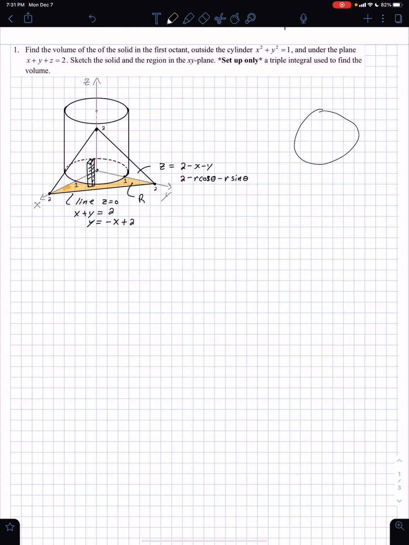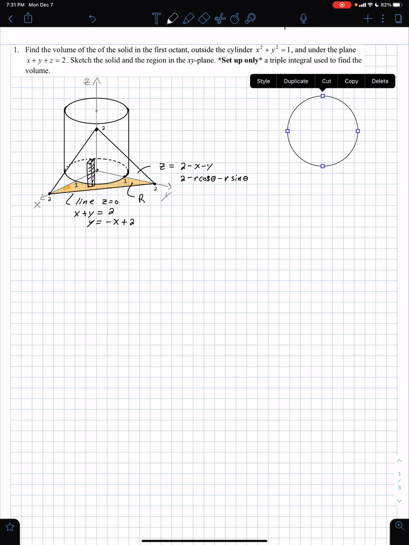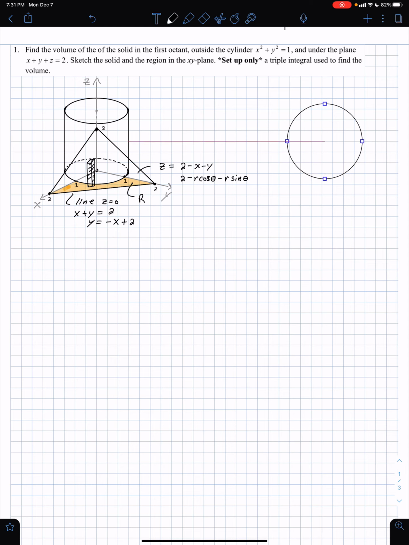I'll just draw it. So here, let's draw the region in the other plane. Let's see, make that fit nicely. That fits pretty good. And so in the xy plane, I do want to move that down so it intersects like that. A little better. You have this.